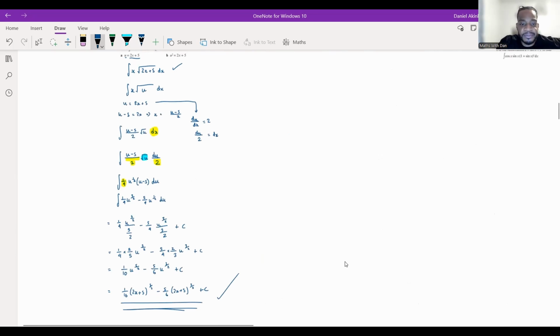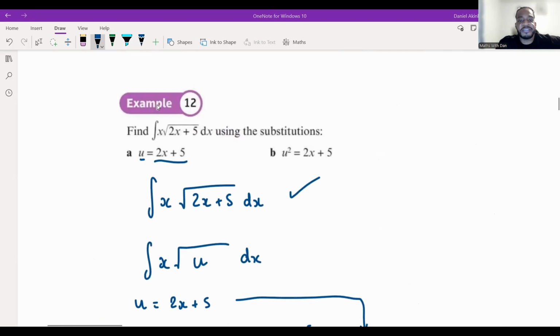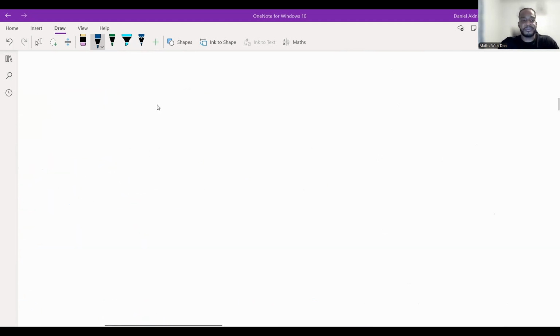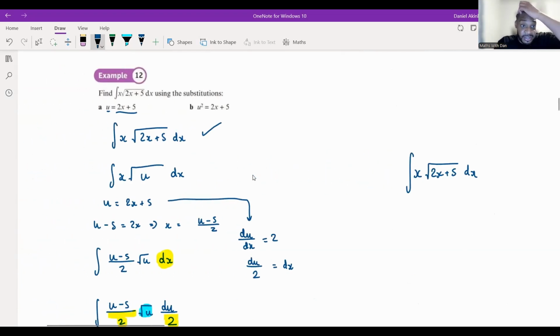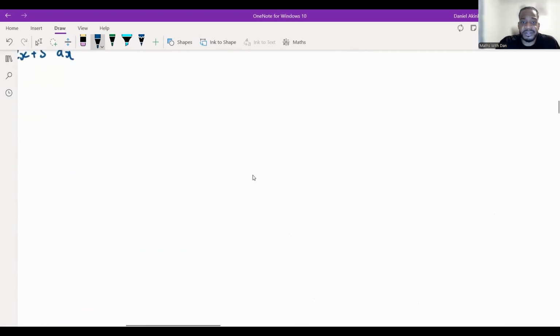All good? Okay. Let's do this one here, which is a different type of substitution, but still the same thing. So I'm going to have this integral of x times the square root of 2x plus 5 dx, and the substitution is u squared equals 2x plus 5.